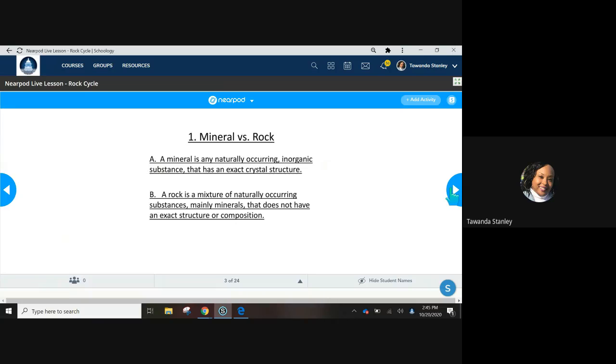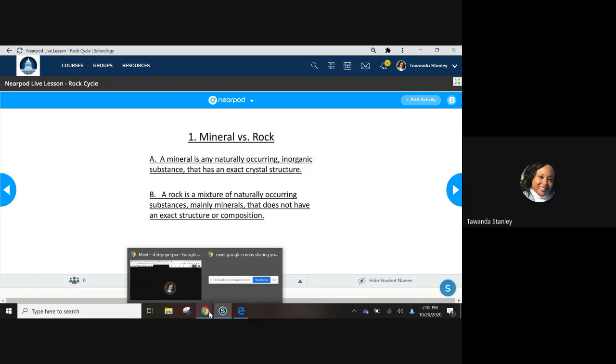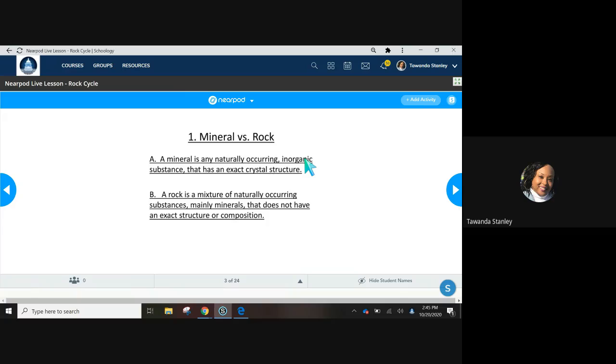Okay. A mineral is a naturally occurring inorganic substance that has an exact crystal structure. One of the things that sticks out on this slide is the word inorganic.